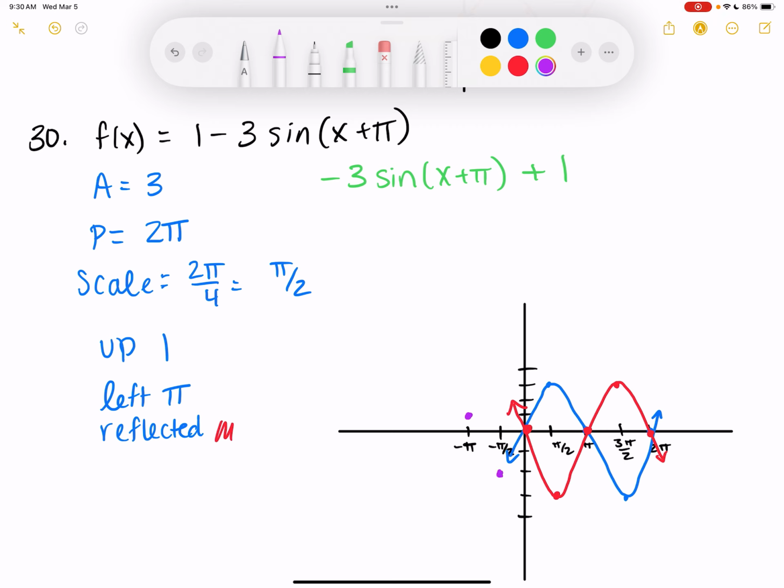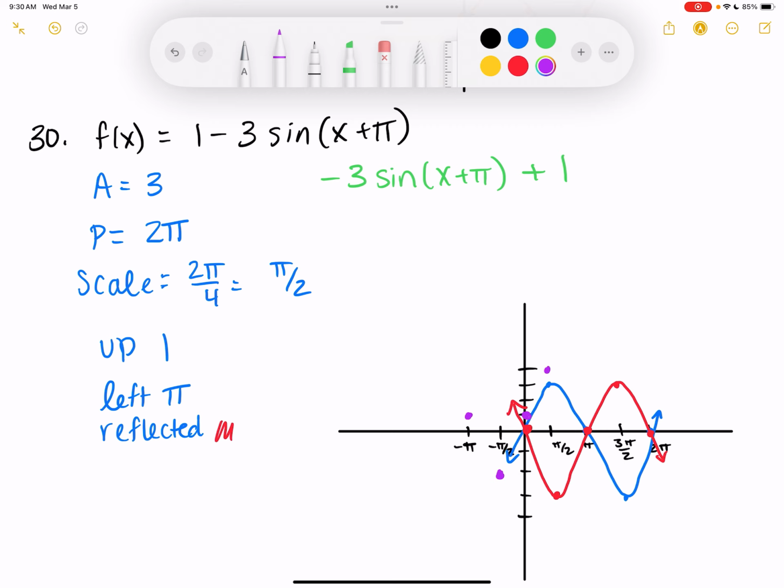If you want to do it in separate graphs, that's fine, but I usually just do these ones this way. This point here, that's back at pi and 0. It's going to go left pi, so that puts it here, and up 1 right here. This point that's here at 3 pi over 2 and 3 is going to go left pi to pi over 2, and it's going up 1, so it'll be at 4 now.